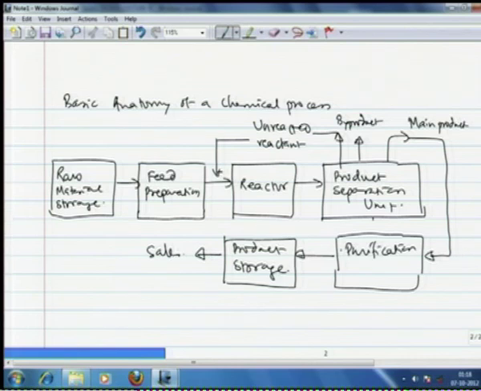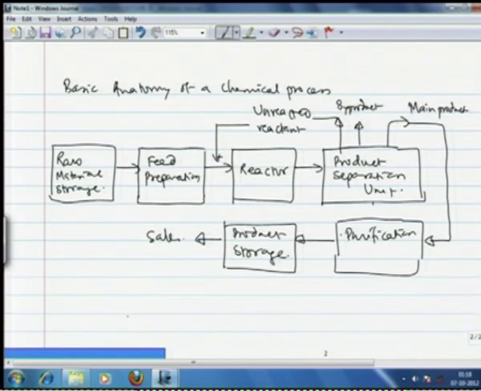Okay. Not all of these steps will be there in all chemical processes, okay. And then the complexity of each stage will depend on the nature of the process. The process design is essentially concerned with selection and arrangement of these stages, okay, and the specification and design of the equipment that is required for each stage. Okay.